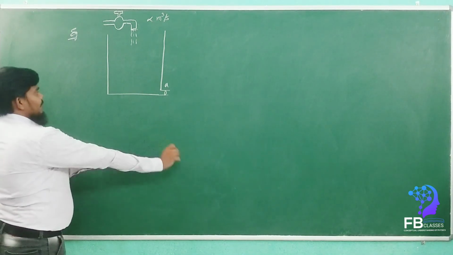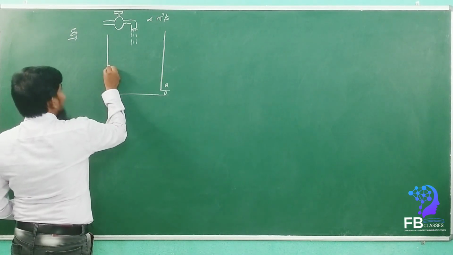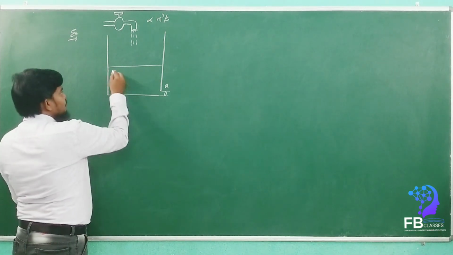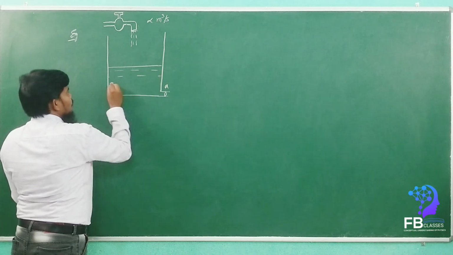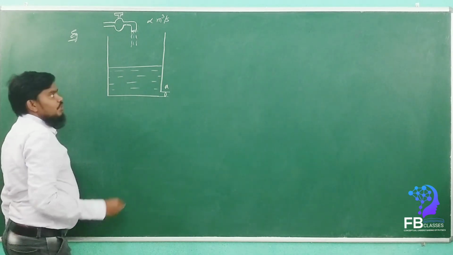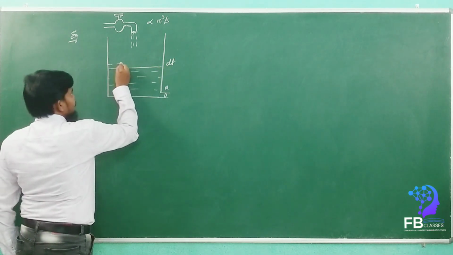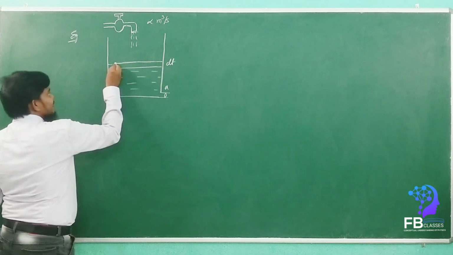Okay, now what will happen? See, consider at a time t, the level of water is at this much height. Then in a dt time, the height is increased this much.